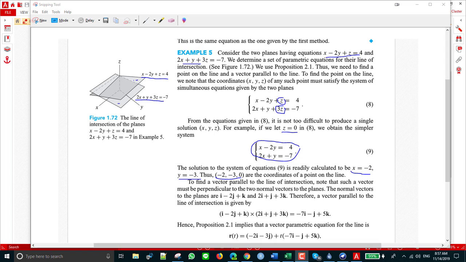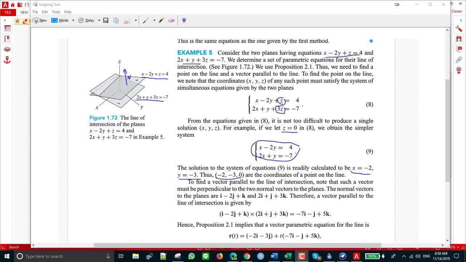So here's the first plane, and then we have a normal vector to that plane. Okay, and then this line, because it's in this plane, must be perpendicular to this normal, because every line in the plane is perpendicular to the normal.